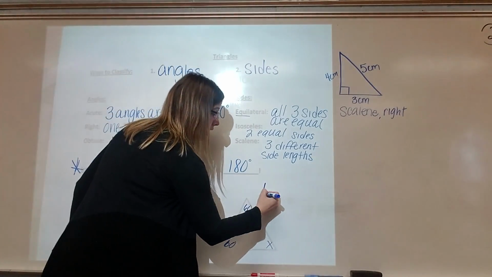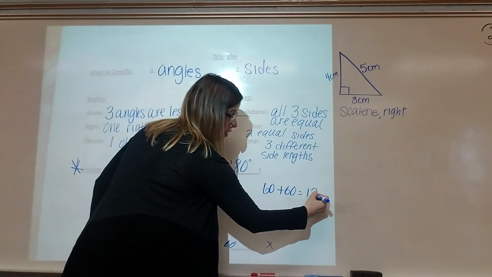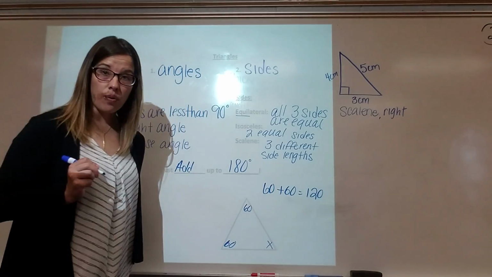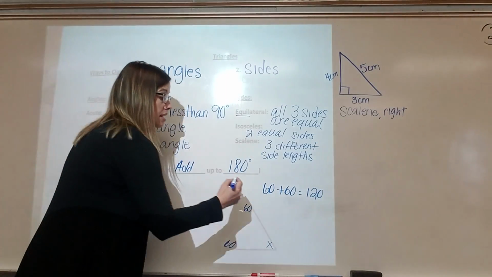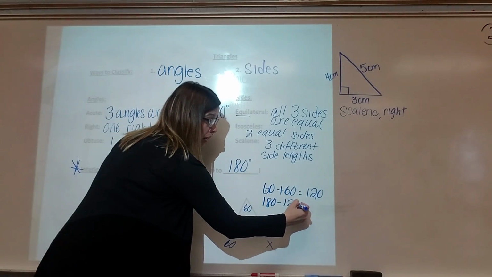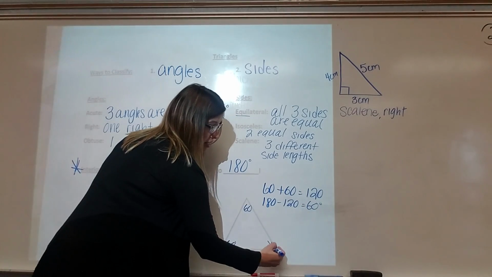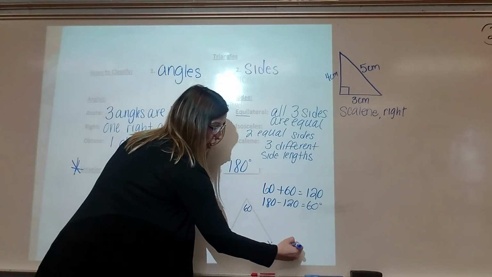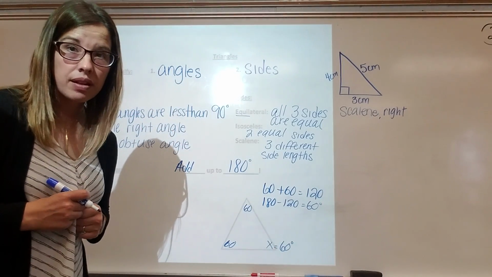So we have 60 plus 60. We know that that equals 120. Well, they have to equal 180. So I'm going to take 180 minus the 120, and that gives me 60 degrees. So that means this angle down here is 60 degrees because they have to add up to 180, okay?